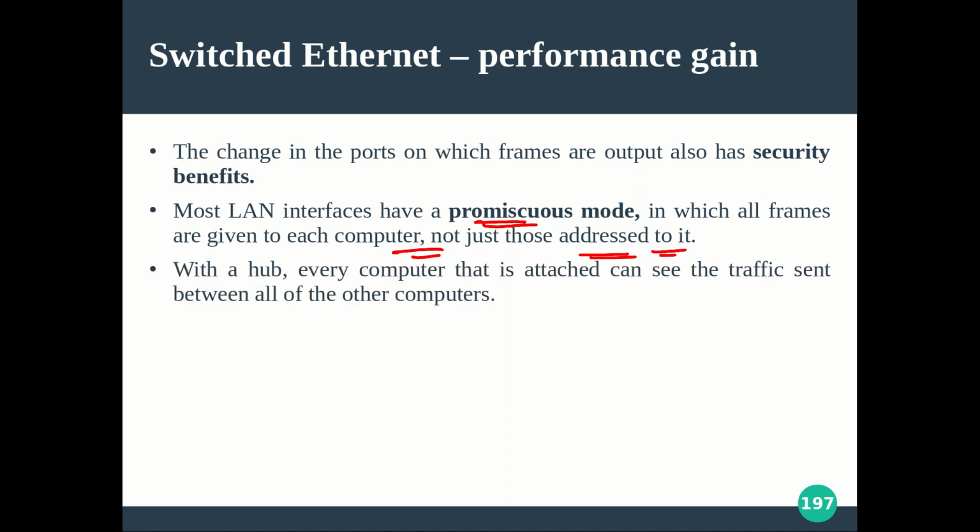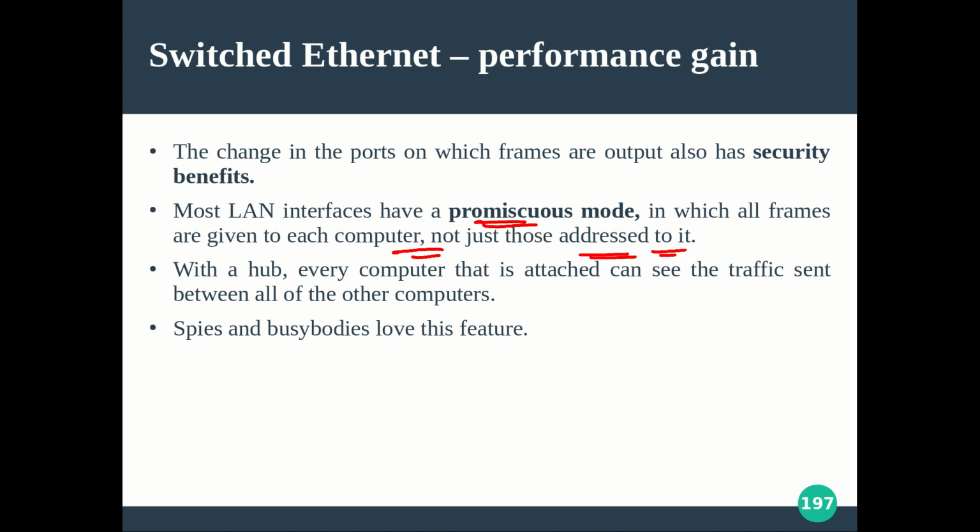With the hub as well as with classic Ethernet, every computer that is attached can see the traffic sent between all of the other computers. If a device is capable of seeing all other communication, we say that the device is in promiscuous mode. By default, in hub-based as well as classic Ethernet, the devices are in promiscuous mode, and that is not the case with switch-based Ethernet.